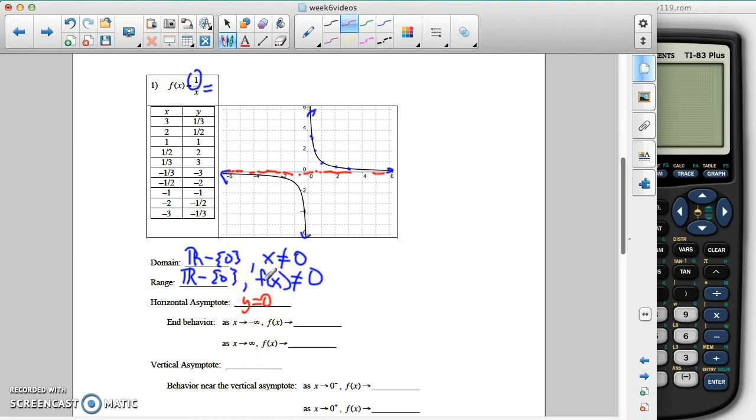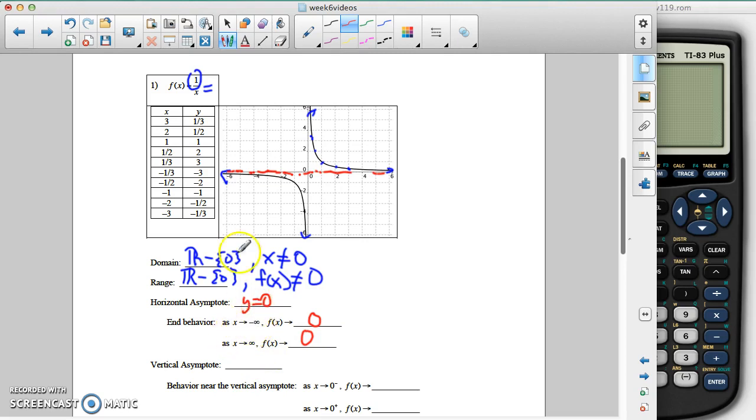As we approach negative infinity, we're going this way on the graph, and we get close to 0. We're approaching 0. As we go this way on the graph to positive infinity, we are also approaching 0 on the positive side. The other one, we're approaching 0 on the negative side.